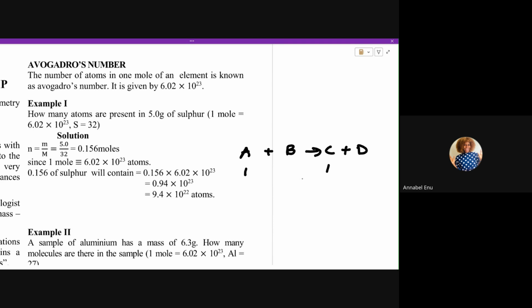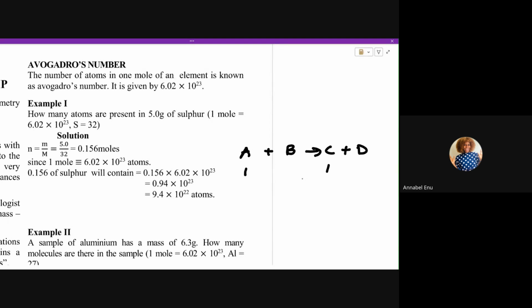There are different quantities that one can calculate for when we are solving problems on stoichiometry. Okay, so now that tells us that stoichiometry is not only a read and understand subject, it's also a calculation subject.